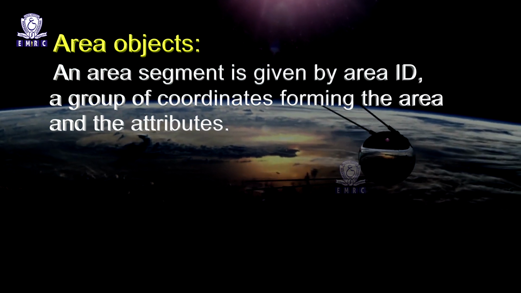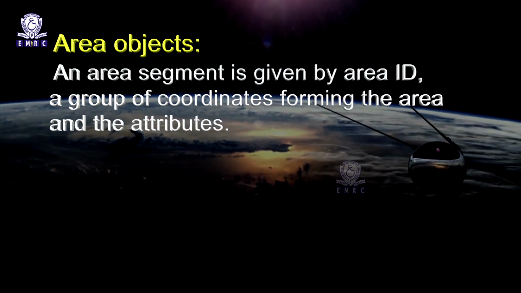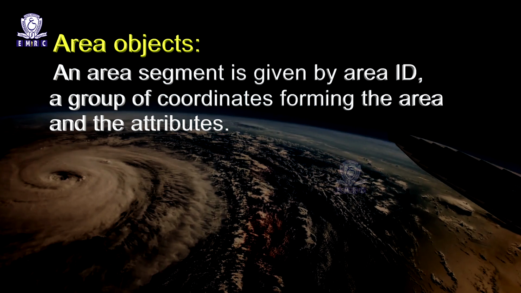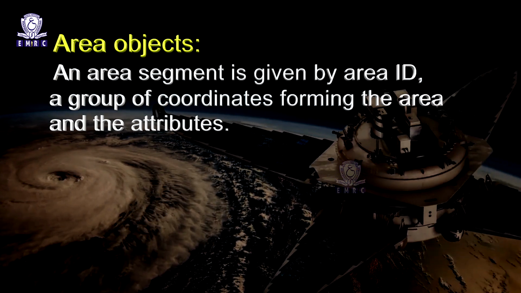Area object. An area is given by an area ID, a group of coordinates forming the area and the attributes. Area objects in the raster model are typically given by run length, that rearranges the raster into the sequence of length or number of pixels of each class as shown in the figure.